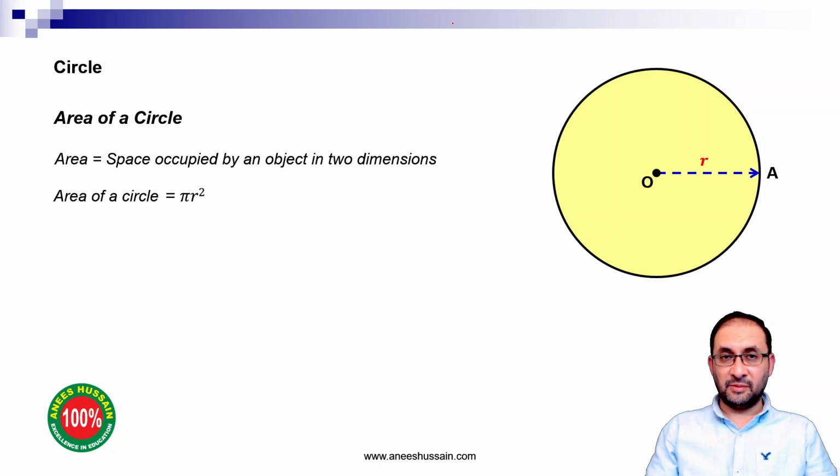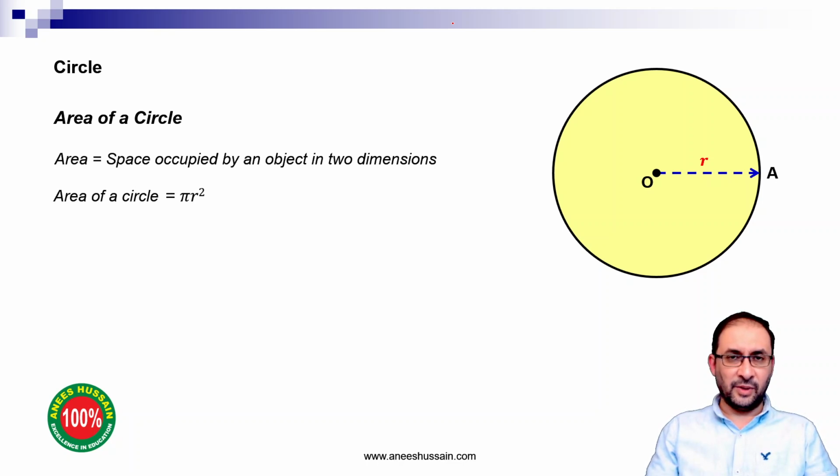Remember, pi has an approximate value of 22 over 7 or 3.14. What value you'll take depends upon the answer options. If the answer options are all left in pi, then you don't need to replace pi with anything. If the answer is given as a numerical value, then use 3.14 or 22 over 7, whichever is easier to use in that particular situation.